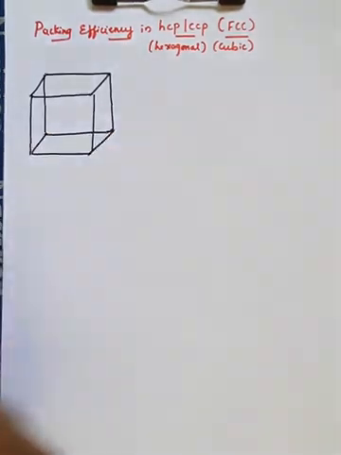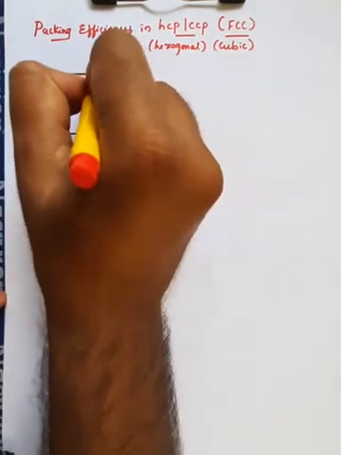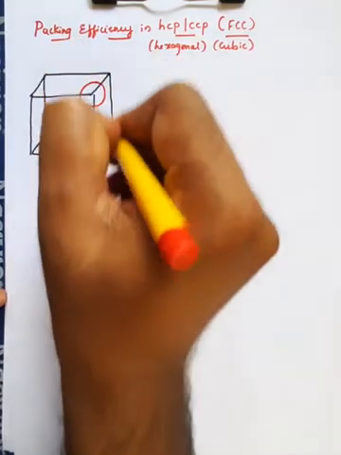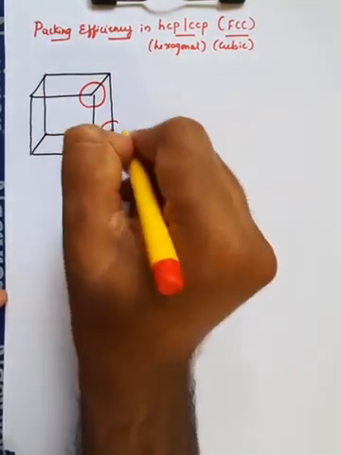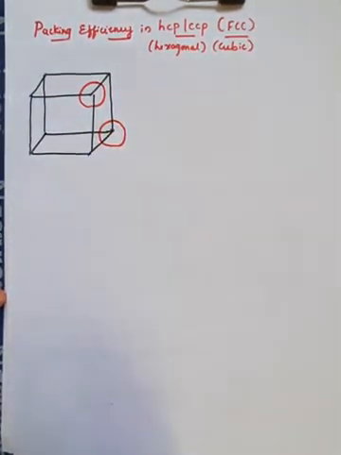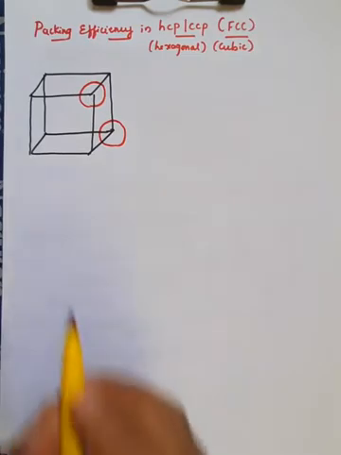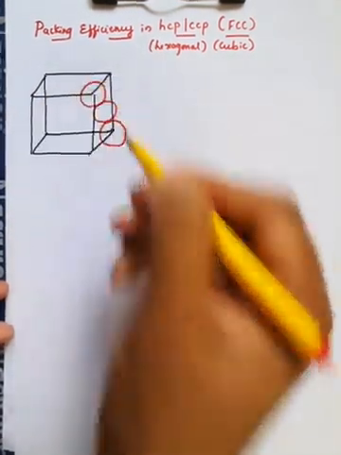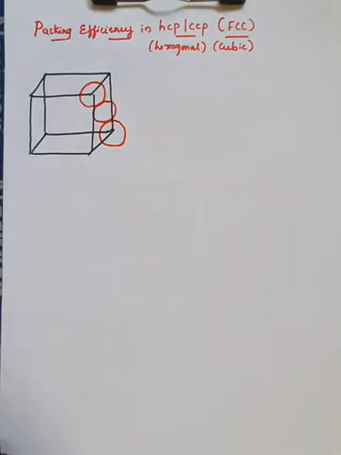Initially I have taken a simple cube, and face centered means one atom will be at the face. So here I will draw a corner atom. This is the first corner atom, this is the second corner atom. Since there is a face centered atom, I will take one face centered atom here. So there are three atoms, right?